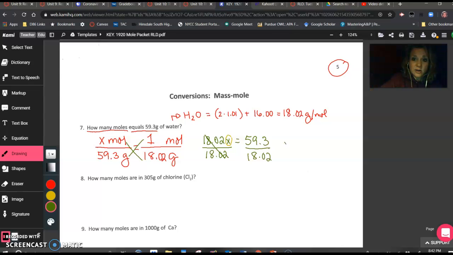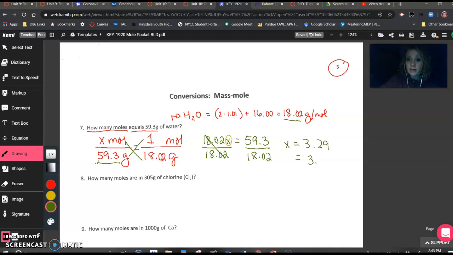And what I get here is that x is equal to 3.29. But as I look at all of the numbers that I'm using in my problem, I see that the one that is the least precise has only one number after the decimal. So I'm going to round my answer to having only one number after the decimal point.